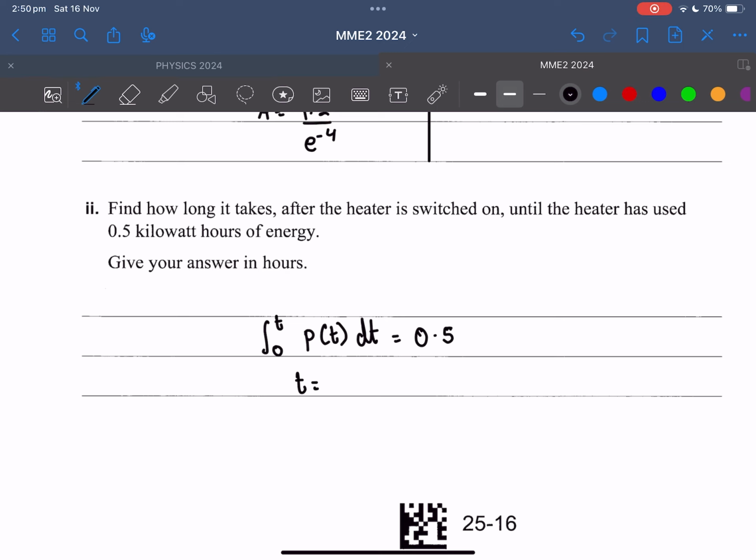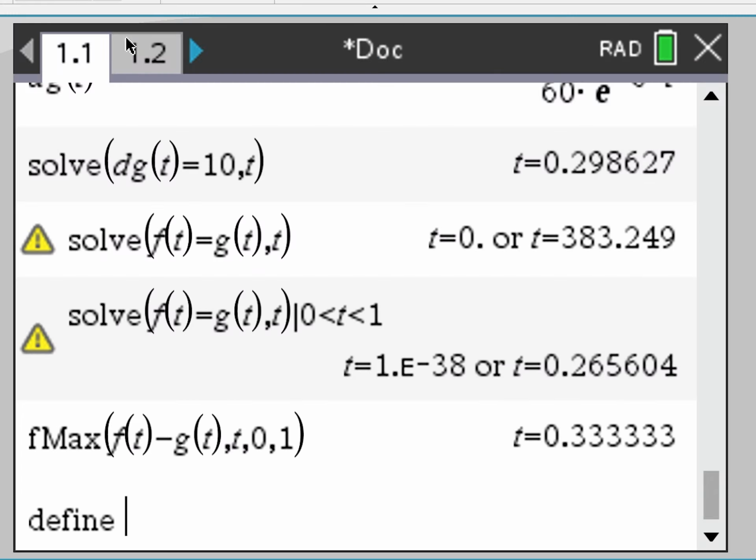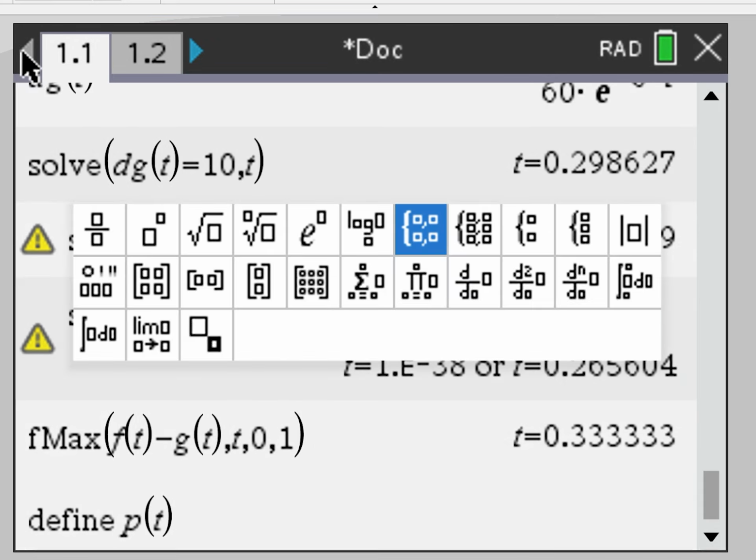So I have to define it first. So define p of t, another hybrid function.